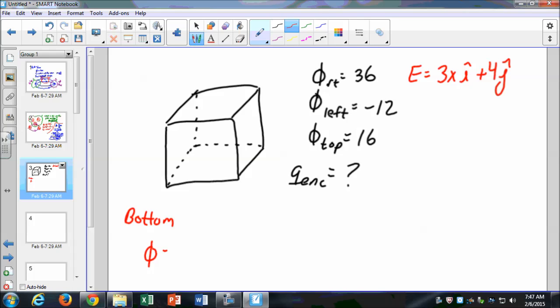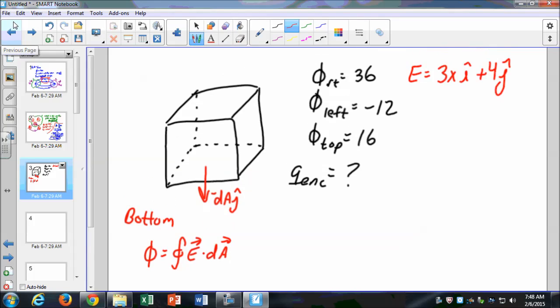And so the flux will equal the integral of E dot dA. What is the direction of dA on the bottom face? It's down, so it's negative what? I, j, or k? J, right. So our dA vector here is going to be negative dA in the j direction.